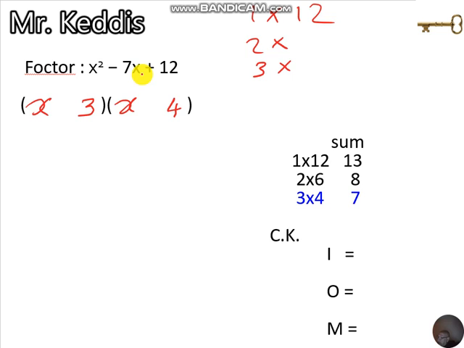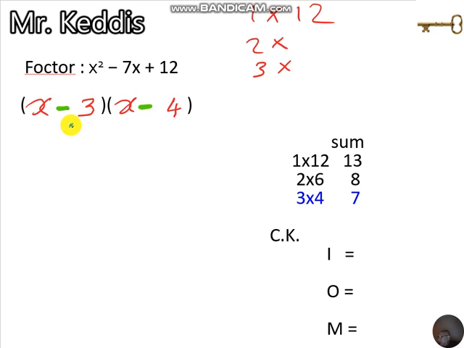Because the sign of the last term is positive, both signs must be the same, both negative or both positive. Because the middle term is negative, both are negative. Negative 3 times negative 4, I get positive 12. I just need to check the middle term.